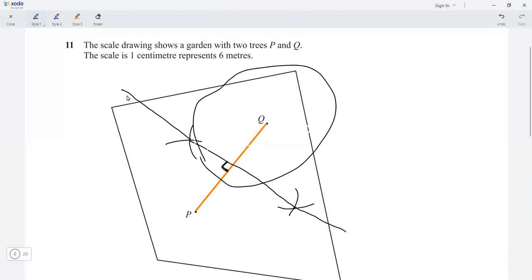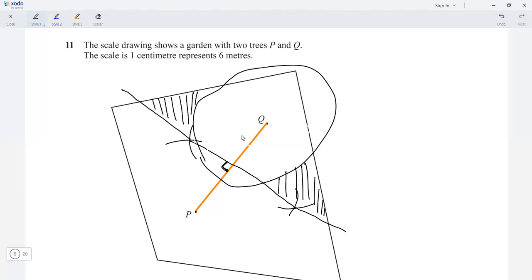The region which is to be shaded is outside of that circle. They're saying it's more than 3 centimeters and closer to Q, so it must be on the right-hand side of the perpendicular bisector. This is the exact region which we need to shade. With respect to these two pieces of information, we shade this region.